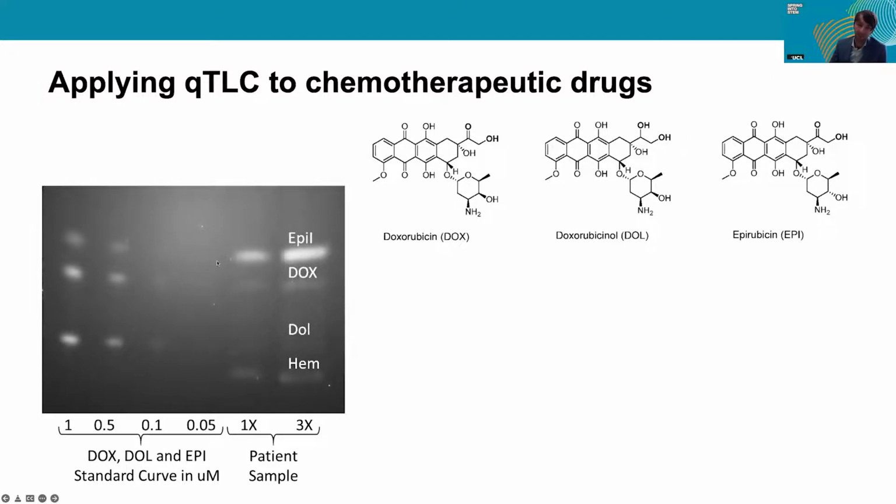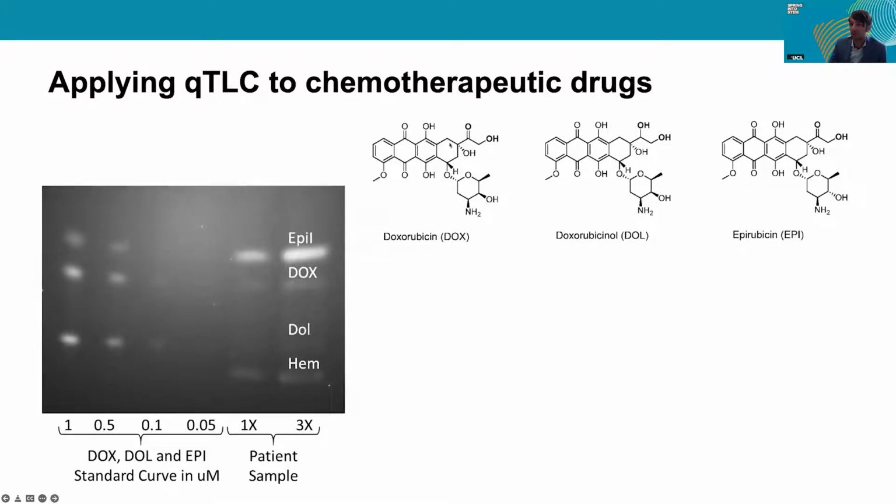So up here is epirubicin, which is a very similar compound to DOX. You can see it's really just this feature here that is different. As a result, it's traveling very similarly to doxorubicin, and there's just a small separation of the band shown here. And then you see here doxorubicinol is a bit behind.